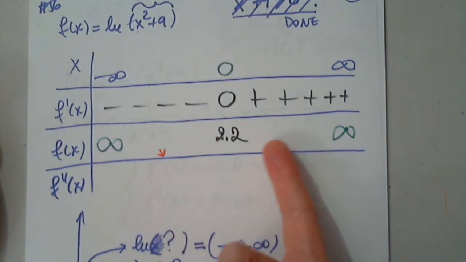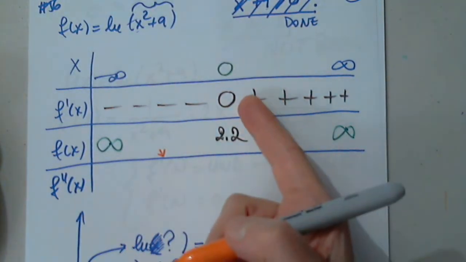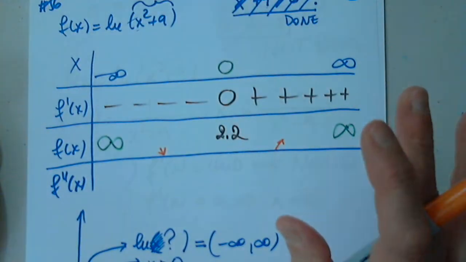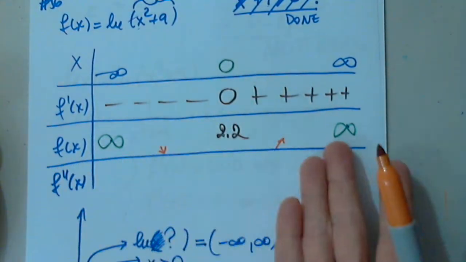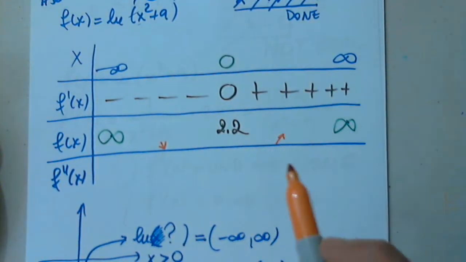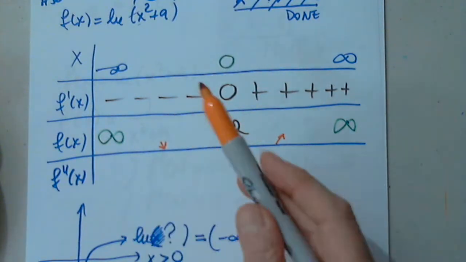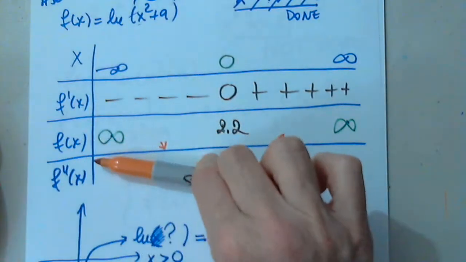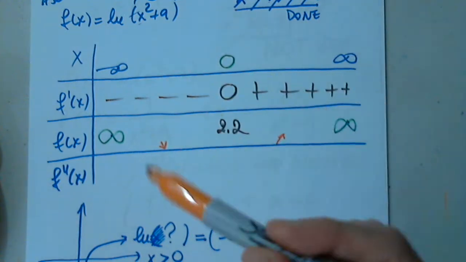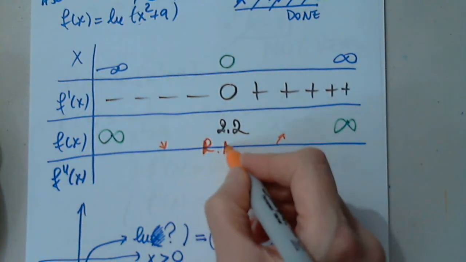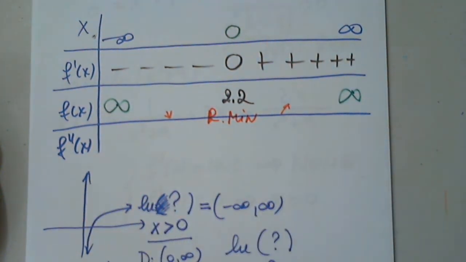Yes. And of course here. What type of point is this? It may be absolute. Yeah, of course. Infinity to infinity, of course it's absolute. But for now, what is it? The minimum. Yes. Local or relative minimum. Perfect. Let's study the second derivative.